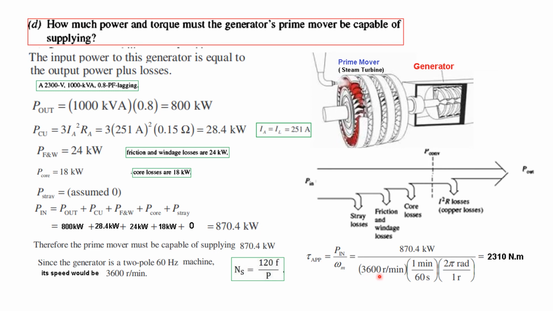So this was the speed. We divide it by 60 to get it in seconds, and multiply by 2 pi to get it in radians, and P_in is the same. Therefore the torque generated by this prime mover is 2310 Newton meters. Okay, so I hope this is clear.